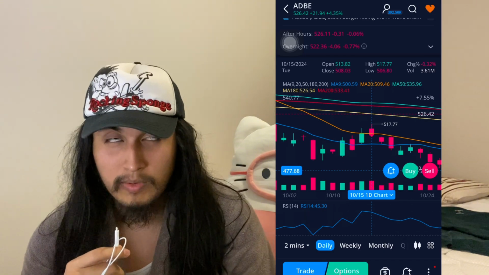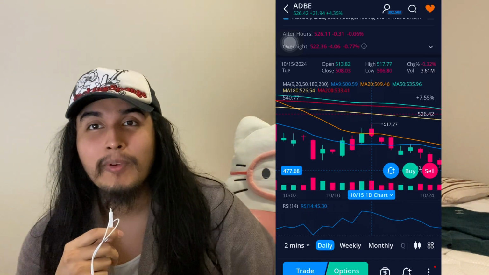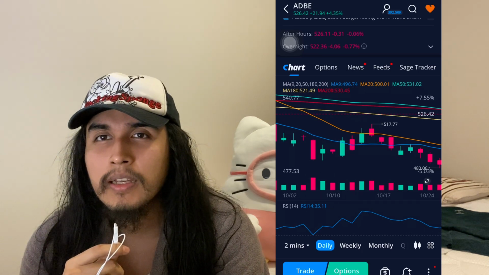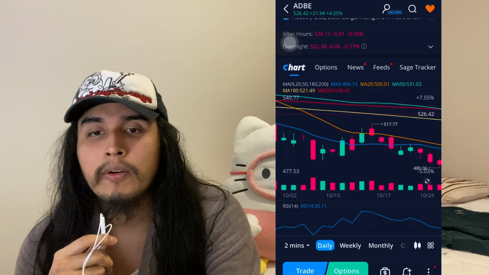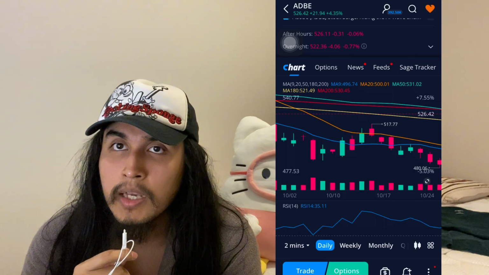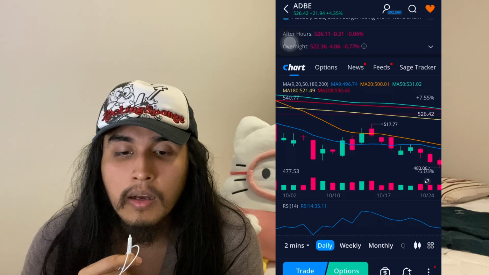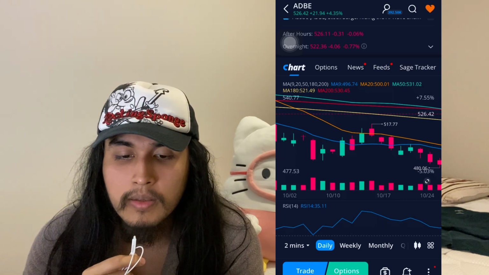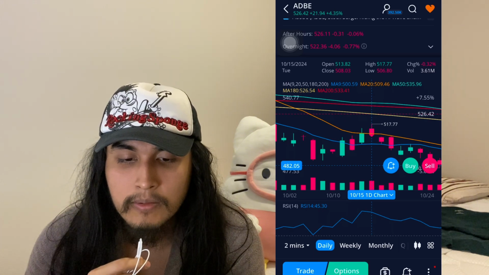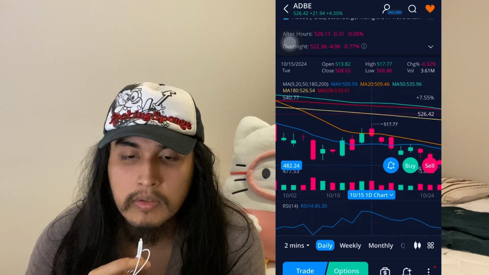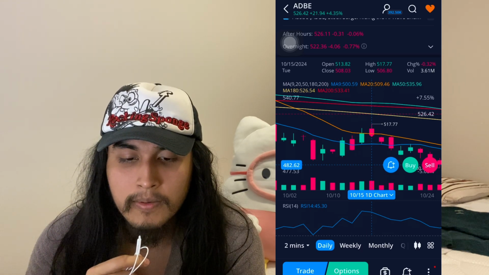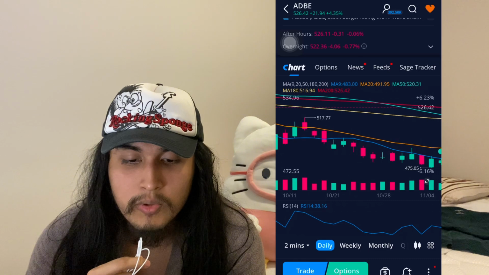What happened was that I got a little confident, thinking that now that Adobe's over the 9-day moving average, maybe Adobe could go further. But the October 15 daily candle couldn't break above the 20-day moving average, and so it went below it, and ever since then it was just in a downtrend.